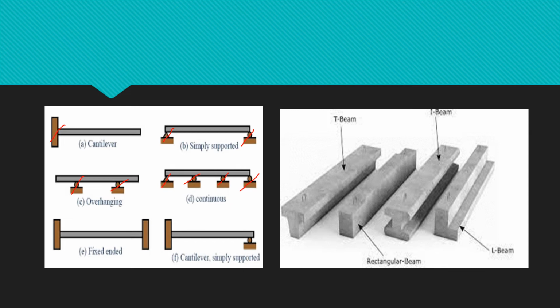Next is fixed-ended. A fixed-ended beam is supported on both sides with a fixed support or connection. Next is cantilever simply supported. It is a combination of a cantilever beam and a simply supported beam. This is it.